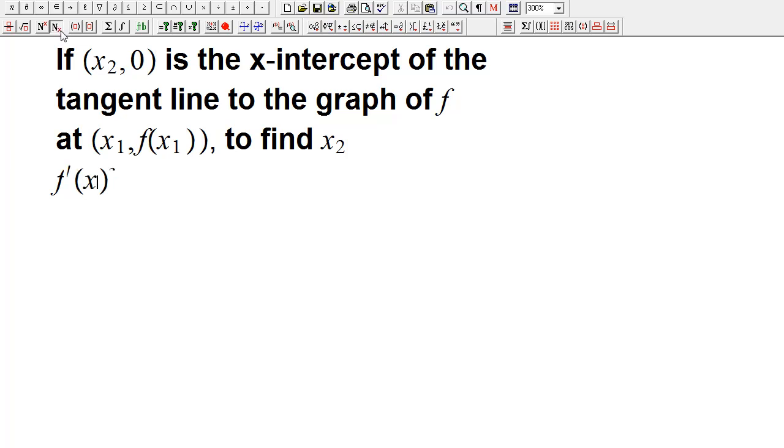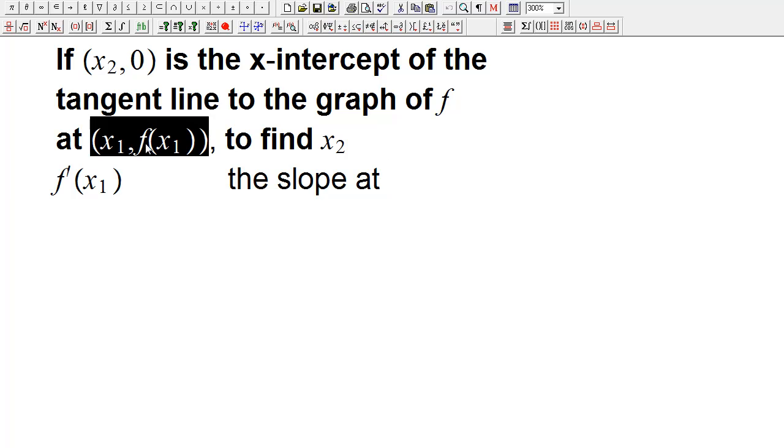The slope of the line is the value of the derivative at x1, and we are assuming that we have a differentiable function here, and the function that we have in particular is differentiable. So this is the slope at x equals x1, or the slope at this point.